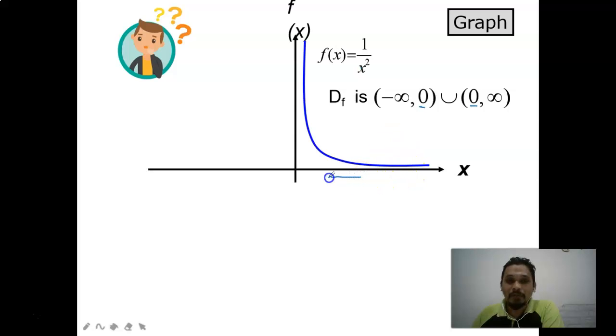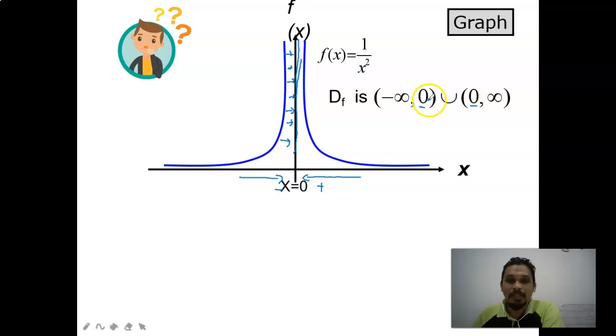When the graph approaches 0 from the right, you can see, if we refer to the y-axis of f(x), it is getting bigger and bigger. And also when x approaches 0 from the left, look at this one here, the value of y is getting bigger and bigger to positive infinity.